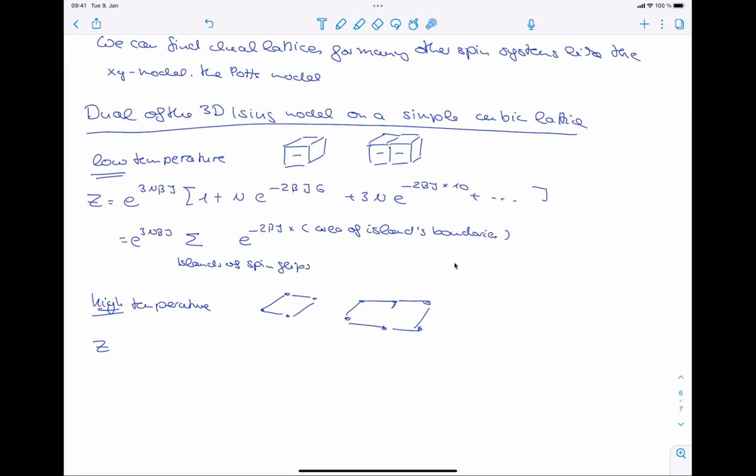Because obviously these cube areas are geometrically very different from these loops that I'm drawing on the lattice. Obviously these loops can in principle be bent in a 3D shape, given my 3D drawing skills, but they're still planar objects in a sense, right?